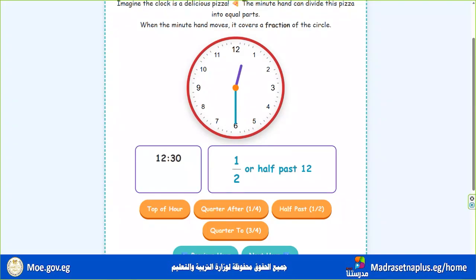Let's use the next hour. Now 1:30. 1:30 means half past 1. Half past 1, or half after 1. Half past 2. Half past 3. Half past 4. Half past 5. And so on. 6:30 means half past 6.